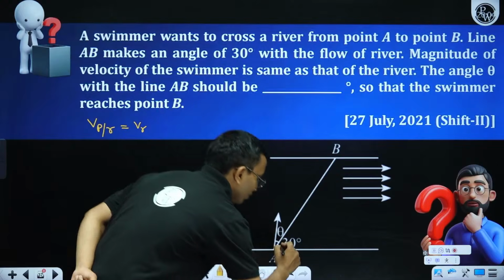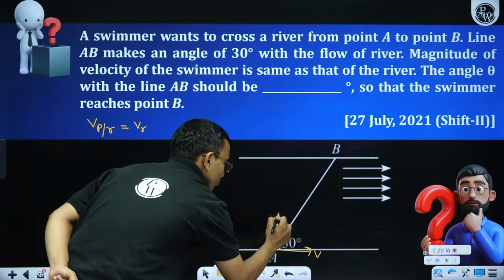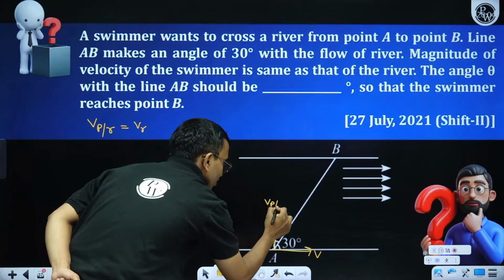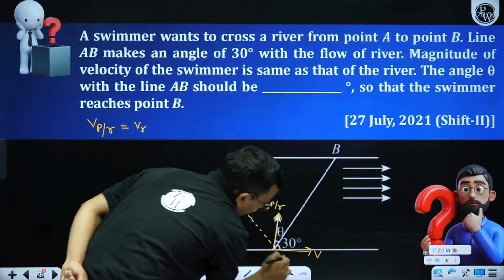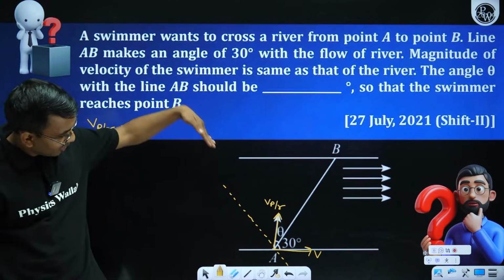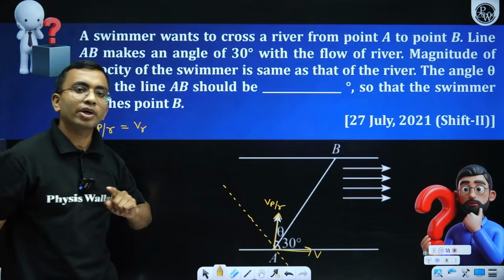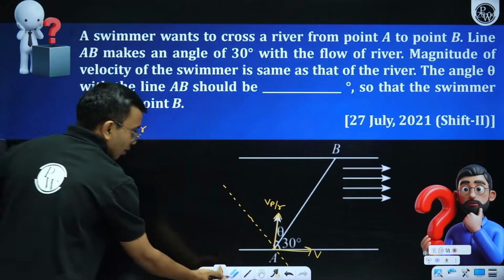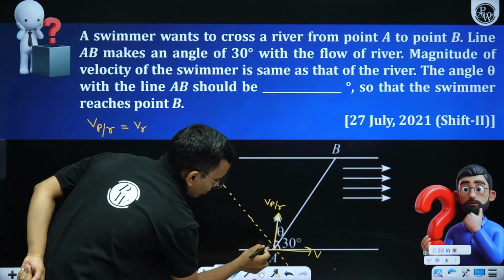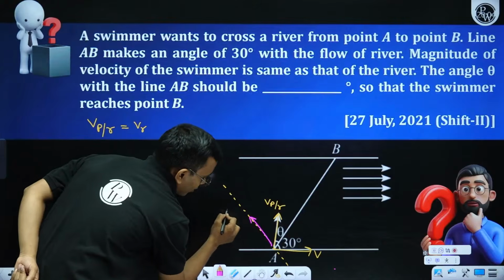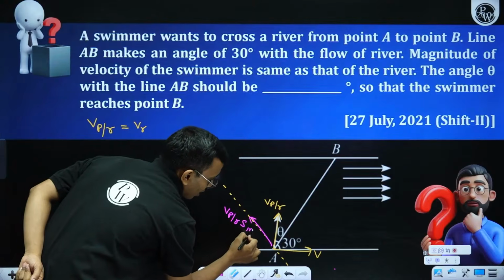So velocity of river is this. This is velocity of person with respect to river. We know the resultant velocity perpendicular to AB should come out to be 0. Okay, perpendicular to AB should come out to be 0. So this is velocity of person with respect to river, sine of theta.